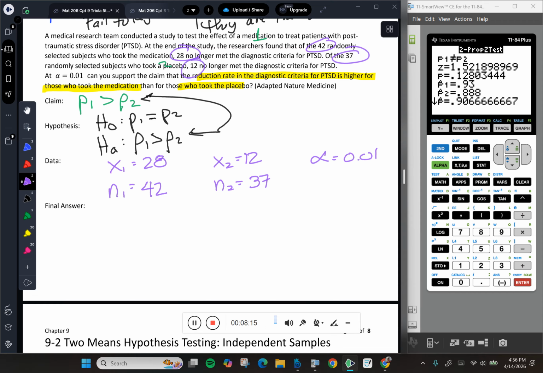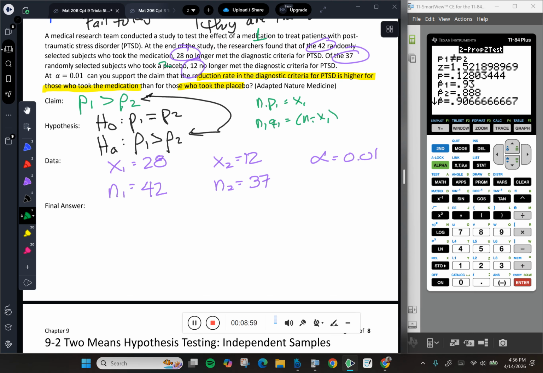Now, this is the first time where I'm worried about something. In the other examples we did, our samples were huge, so I wasn't too worried about that 5 successes, 5 failures business. But here my samples are kind of small, so I'm going to explicitly check something. I know that I do not have p-hats anywhere, but I also know this: n1p1 is x1, and n1q1 is n1 minus x1.